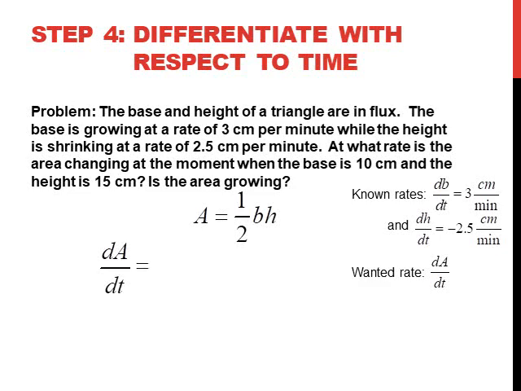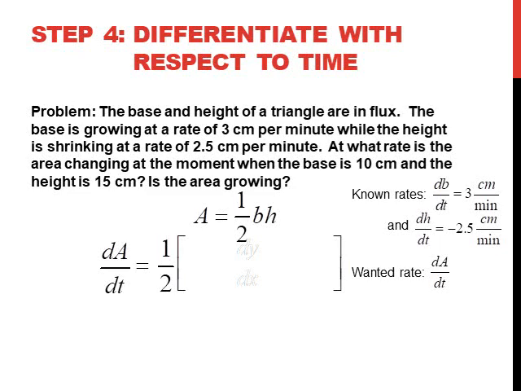On the other side of the equal sign, I've got a 1/2, that's a constant, times a function bh, which in turn is a product of two functions. So I'm going to treat this as a constant times a function and put down the 1/2, so there's the constant, times the derivative of the function will go in these braces here, and the derivative is going to be the derivative of a product.